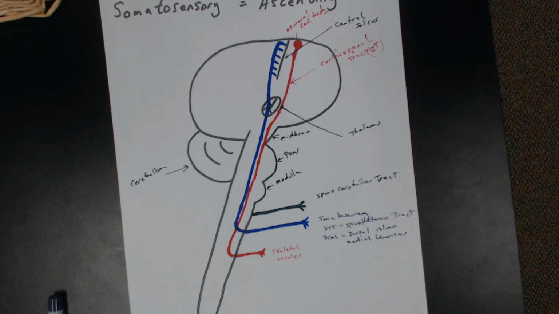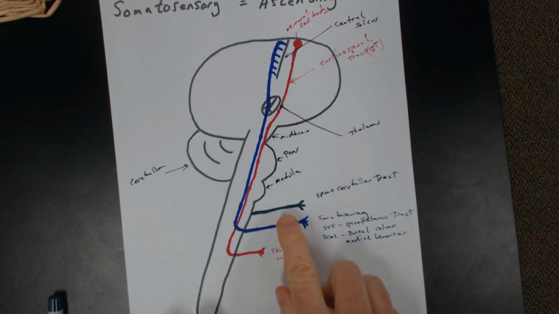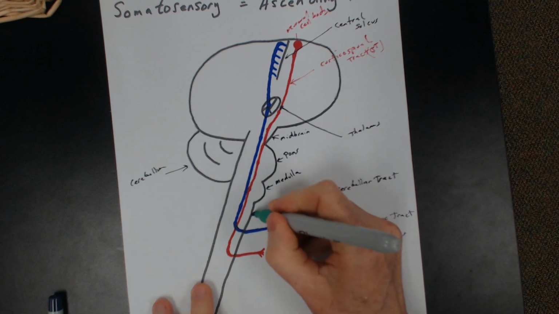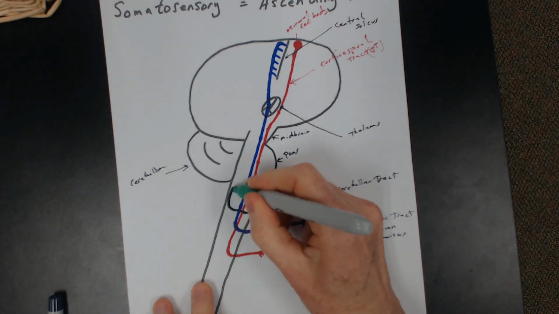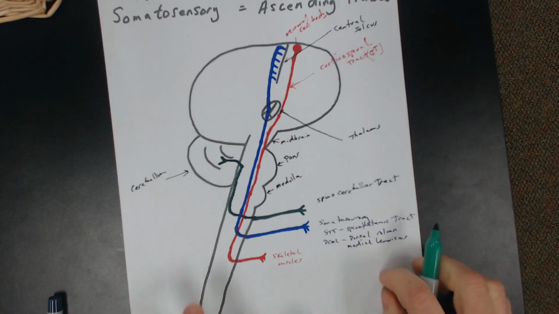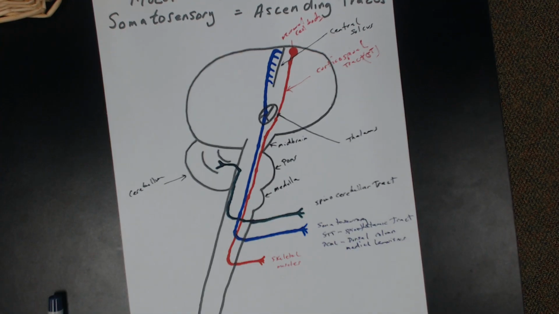Okay, your spinocerebellar tract. So it's going to start here in the spinal cord. It's going to travel up the spinal cord and then deliver its information to the cerebellum, hence the spinocerebellar tracts.